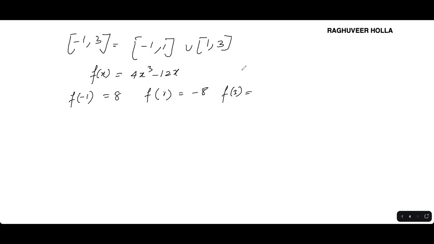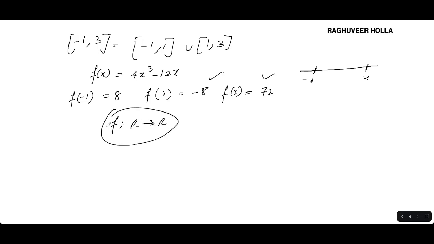If I put the value 3, we get 72. So you can see -1 and 3 are the endpoints. So the best choice for the mapping R to R is -8 comma 72.